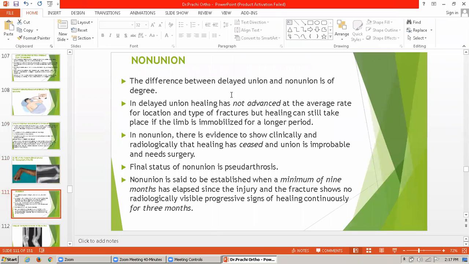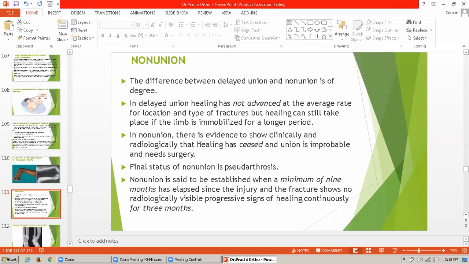Now, nonunion. The difference between delayed union and non-union is of degree. In delayed union, healing has not advanced at the average rate for the location and the type of the fracture, but healing can still take place. The limb is immobilized for a longer period.